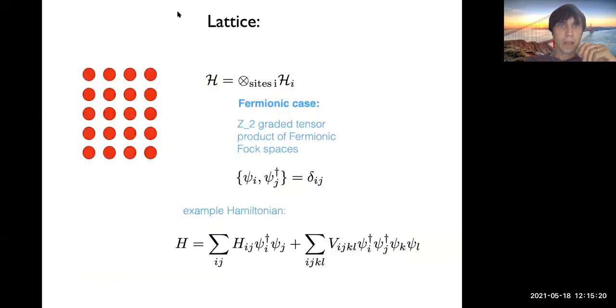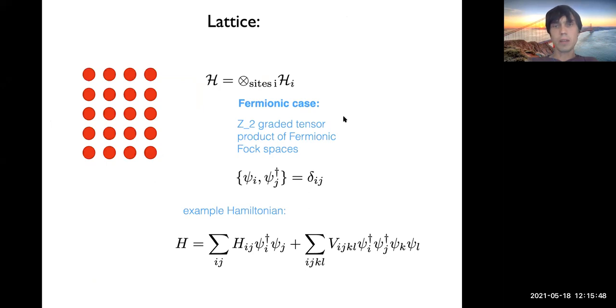Now let me build up some formalism. As theorists, we like to have some well-defined framework for studying things, and we like to abstract out all the details and crystallize it into a well-defined framework.